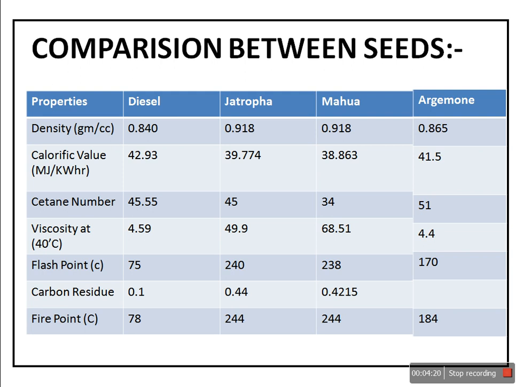Fire point for diesel is 78, for Jatropha 244, for Mahua 244, Argemone 184. Here we can see clearly that in comparison to Jatropha and Mahua, the Argemone oil is better, as the properties of the oil are a little different from the diesel, but similar to the diesel.